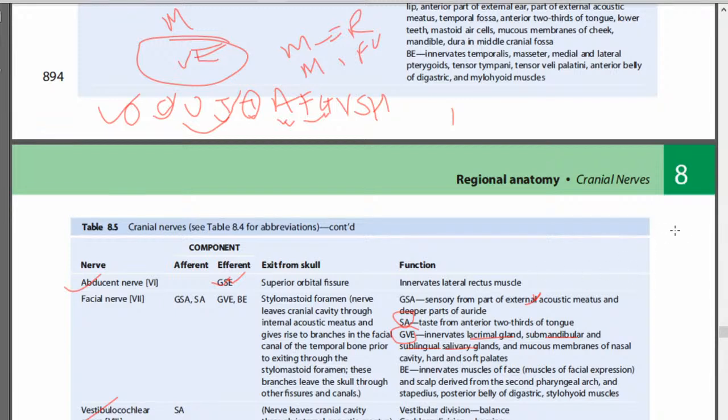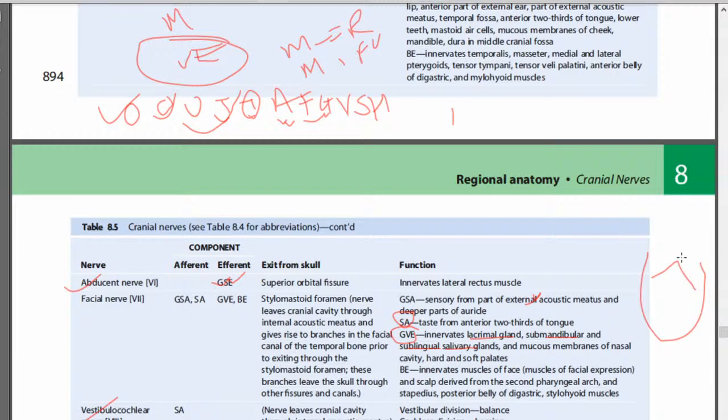Okay, the facial nerve is responsible for taking taste from the anterior two-thirds of the tongue. So let's suppose this figure is a tongue, and there is something called the sulcus terminalis.